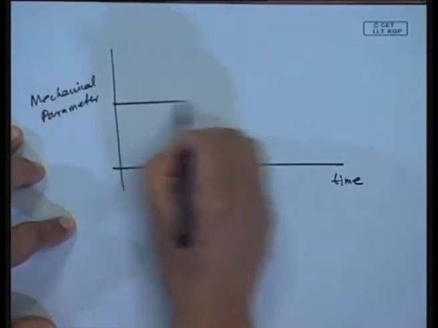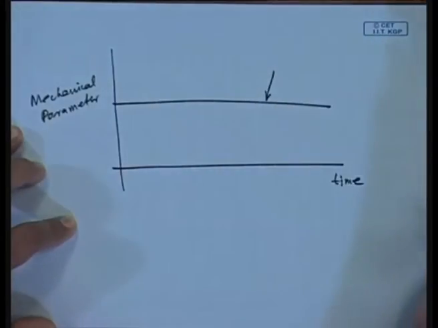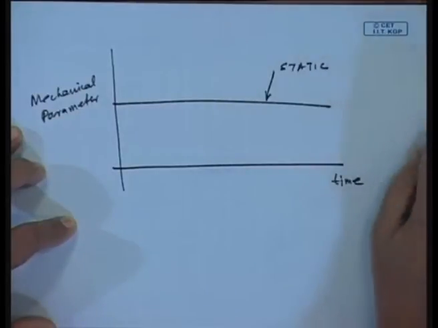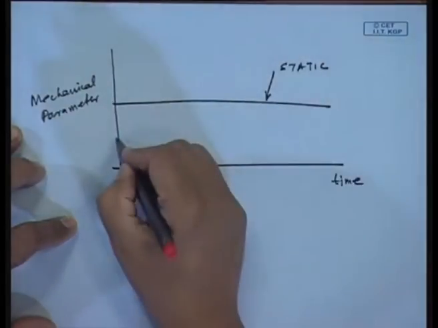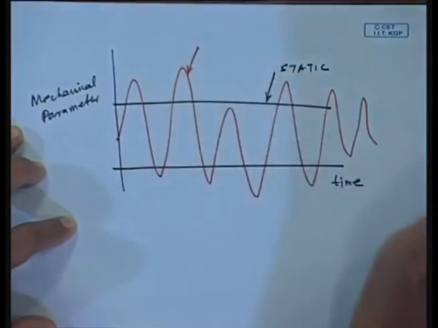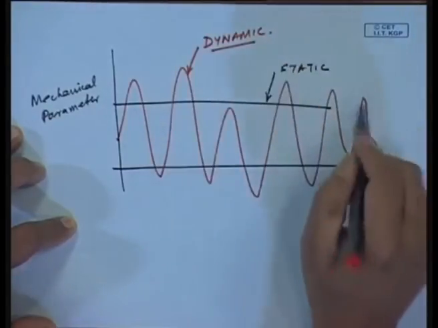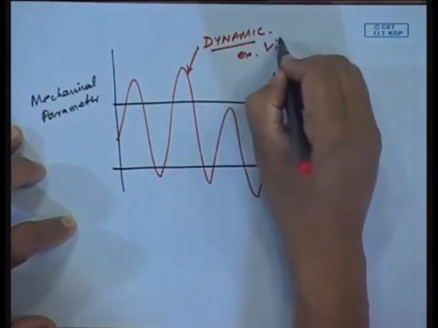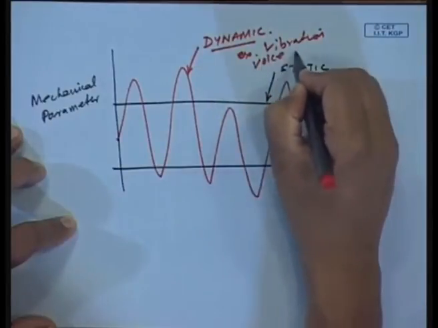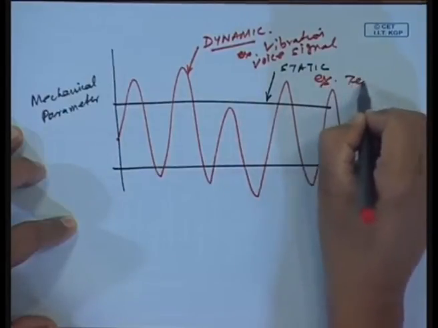It could be either static, not varying with time, for example the temperature in this room, almost static, okay, or the parameter is changing with time, so this is the dynamic. Examples: vibration of a structure, voice signal in this classroom. An example here in the static case is the temperature.